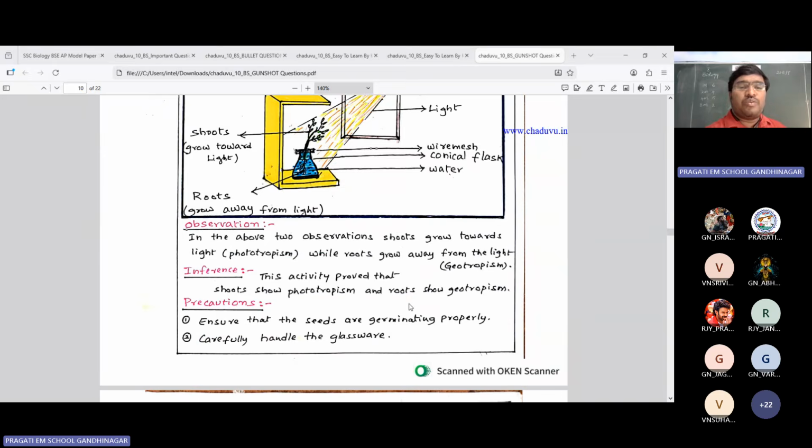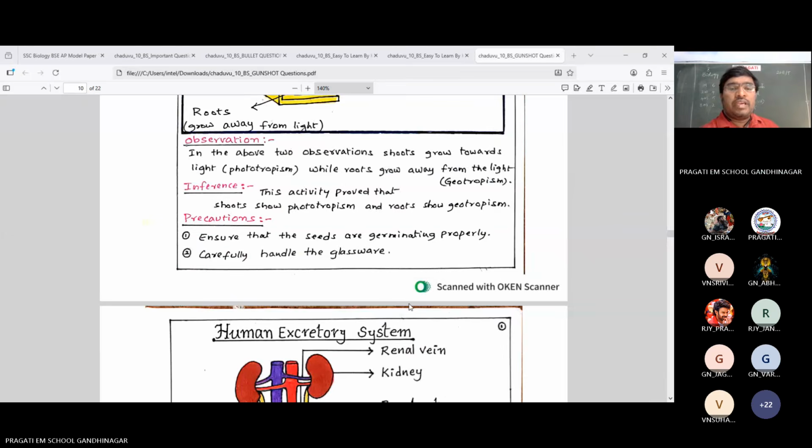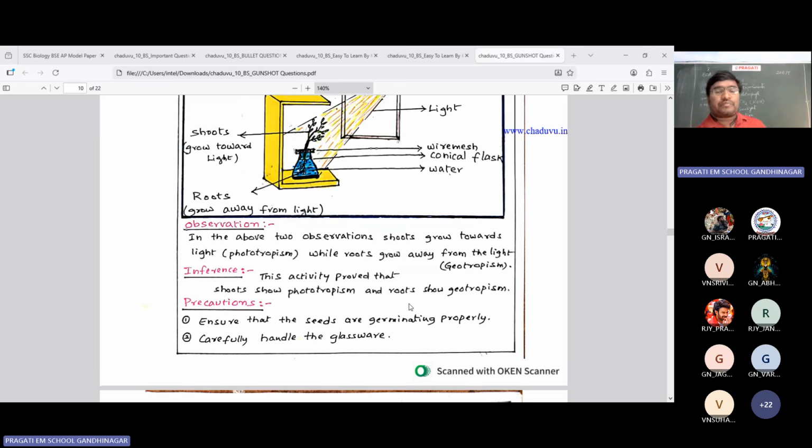In the above two observations, shoots grow towards the light, while roots grow away from the light. This is phototropism and geotropism. So what is the inference? At last we mention that this activity proves that shoots show phototropism and roots show geotropism.